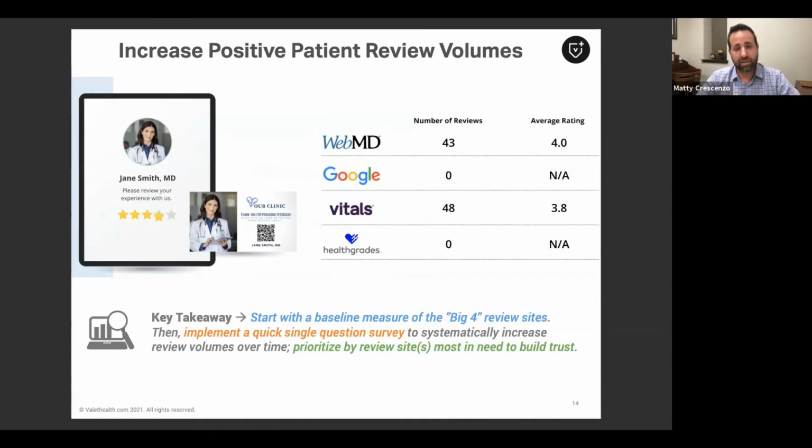Then the other piece of it is being able to capture and increase the volume of positive patient reviews. Having a mechanism to do that, whether you're scanning a QR code card that is capturing reviews for your practice, or doing it by text or by email campaigns, helps you attract more of the types of cases that you're trying to bring in, whether that's for newer therapies such as Shockwave or for PRP.